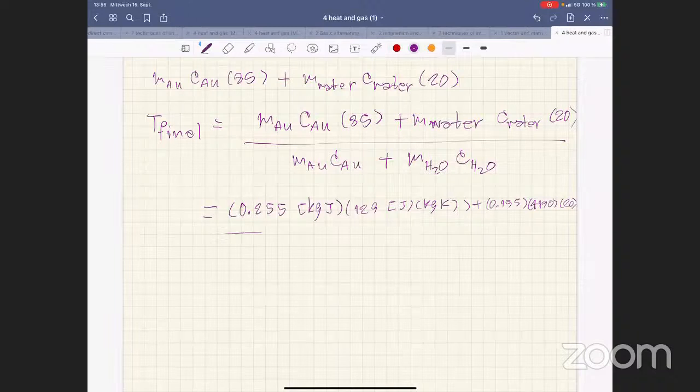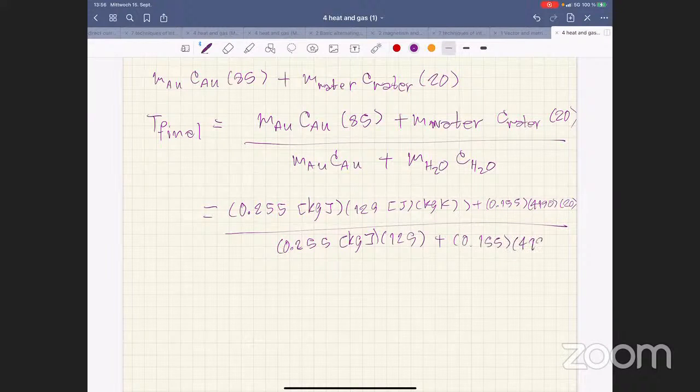All right, and it's the division by the mass of this one, 0.255 kilogram, and yeah. So it's 129, okay, without unit, plus 0.155 and 4190, okay.